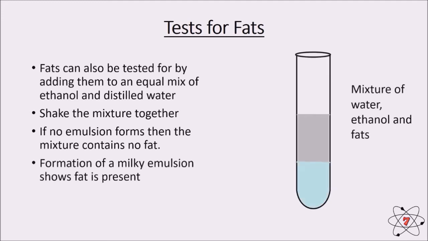However, if we get a milky emulsion, then we find that fats are present. So an emulsion is a mixture and it looks a milky colour basically. So when we have our equal amount of ethanol, distilled water, and our food that we think contains fat, and we mix it together and we get a milky looking substance, we know that fat must be present.